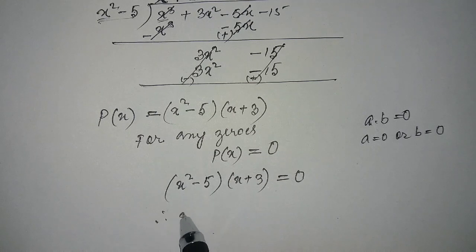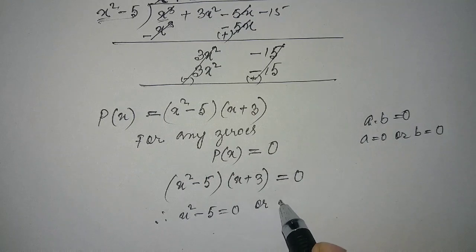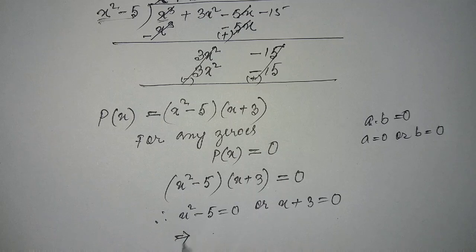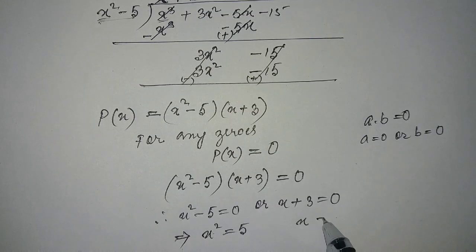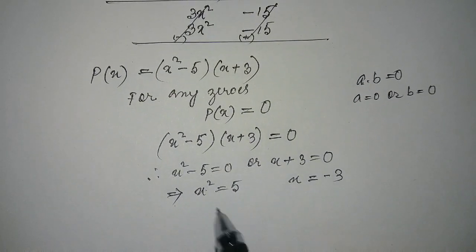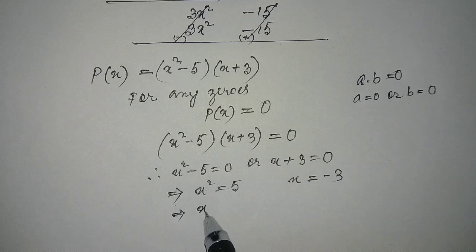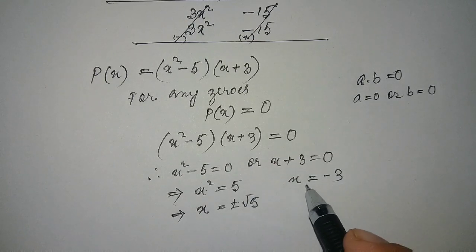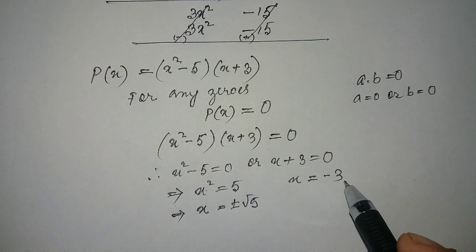Therefore x square minus 5 is equal to 0, or x plus 3 is equal to 0. So we get x square is equal to 5, and x is equal to minus 3. Now this gives us x is equal to plus or minus root 5, and the other one is x is equal to minus 3.